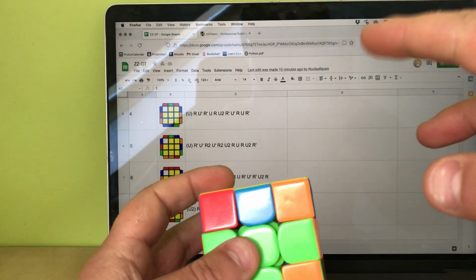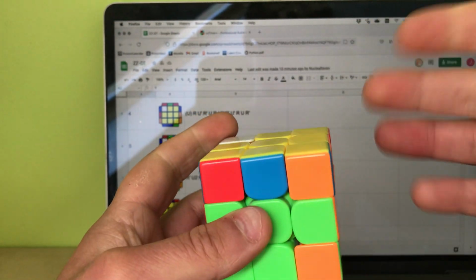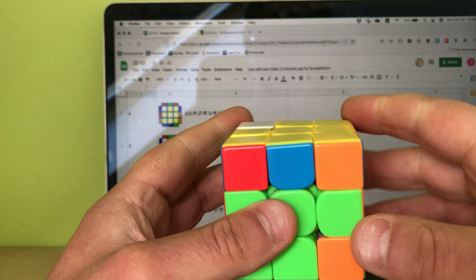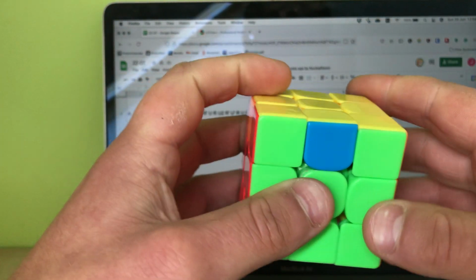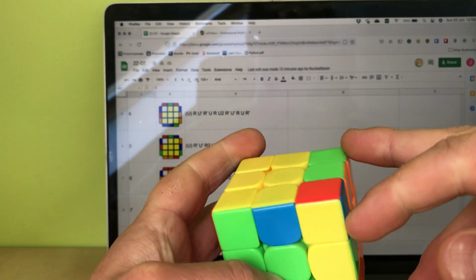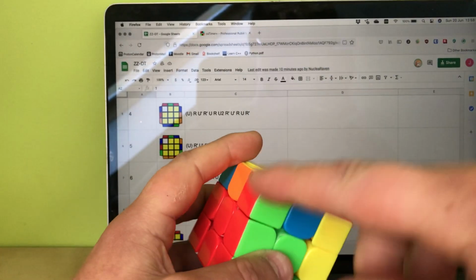So no swap, just insert the edge however you want. If you want to switch, actually I'll just set it up because it's easier. If you want to switch so these are solved, these are swapped.